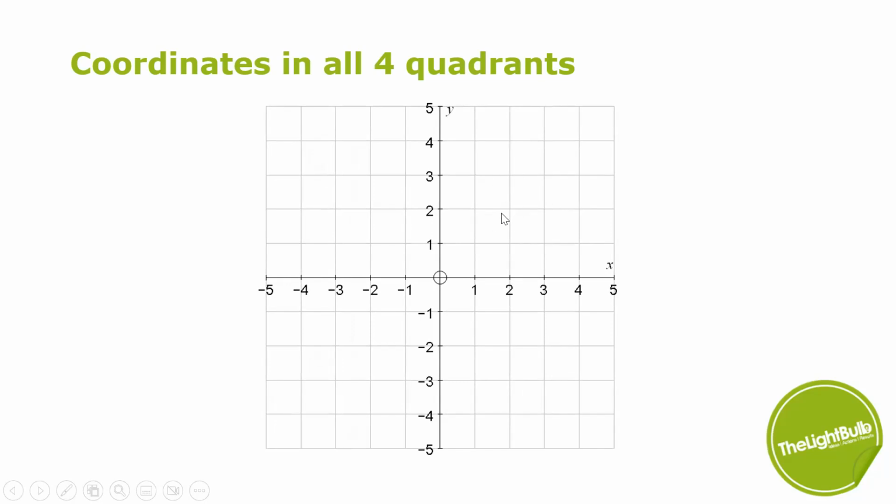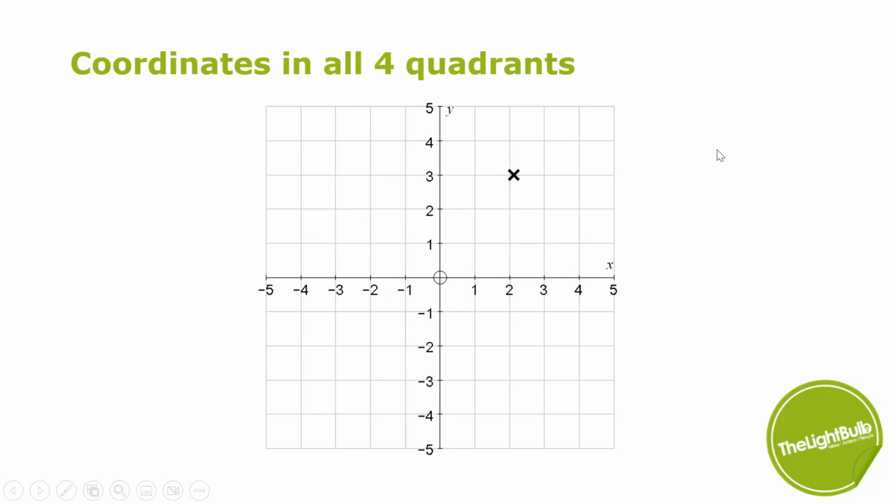But the other quadrants, as they are called, just because there's 4 squares there, quad is related to 4, have negative numbers associated with them as well. So how do we reference these? Let's take a quick look at an example from each quadrant.